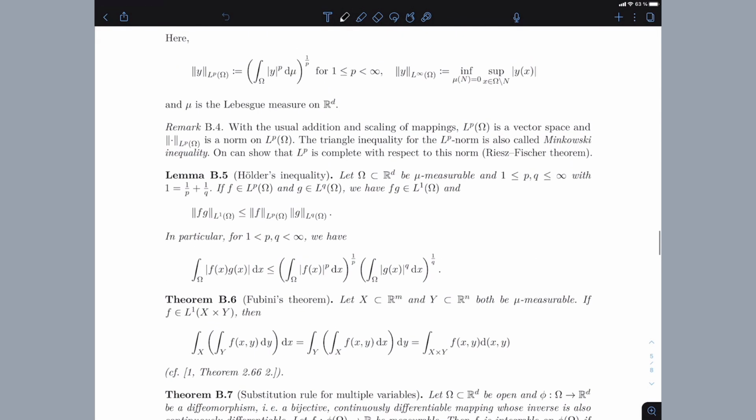Yeah, so this is the scalar product of the functions f and g, and we estimate it by the product of the norms. This works not only for 2 and 2, where 1/2 plus 1/2 is 1, but also in more general cases. So it gives us a more flexible version of Cauchy-Schwarz for integrals.